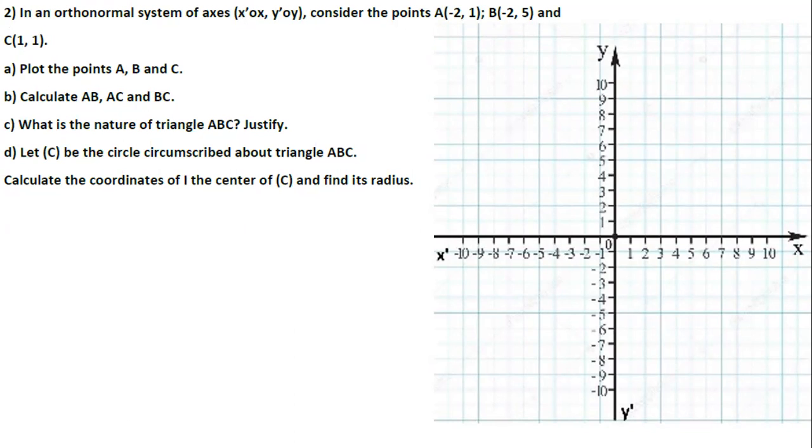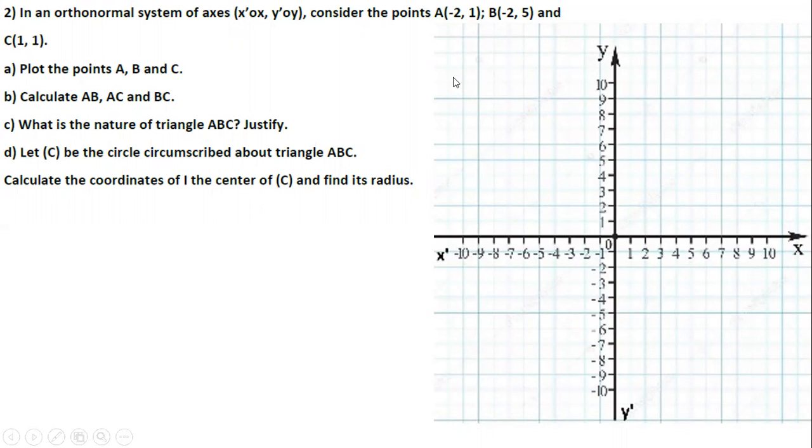Consider the points A(-2, 1), B(-2, 5), and C(1, 1). Read part a, Rina. Plot the points A, B, and C. So first, Rina, we should plot the points A, B, and C in this system of axes.